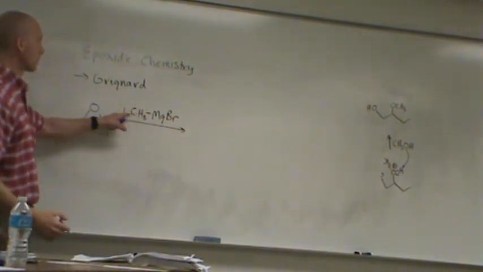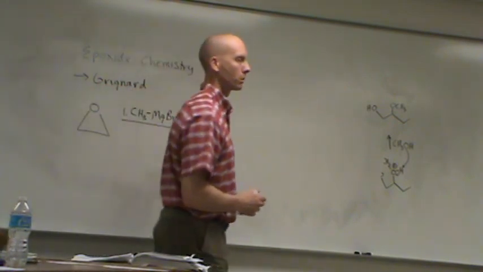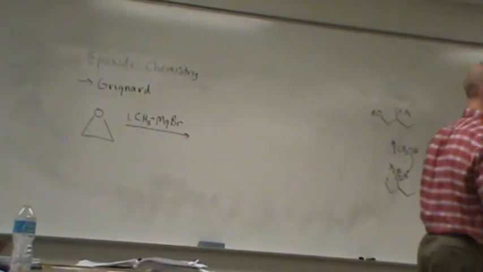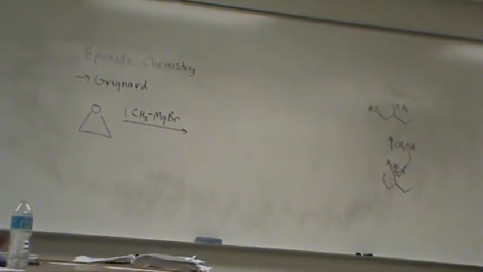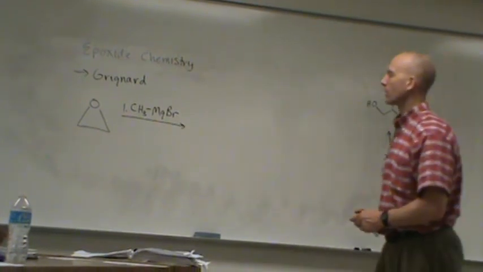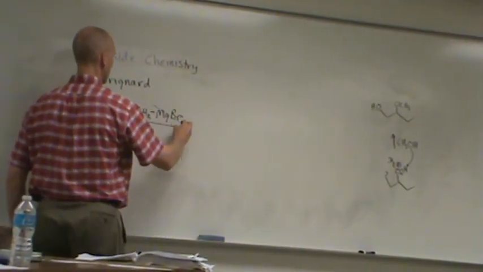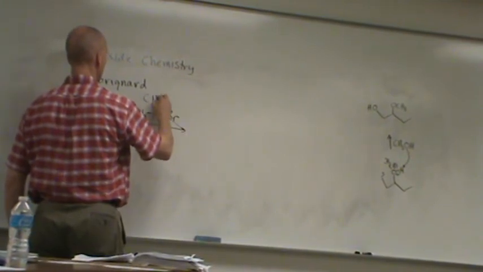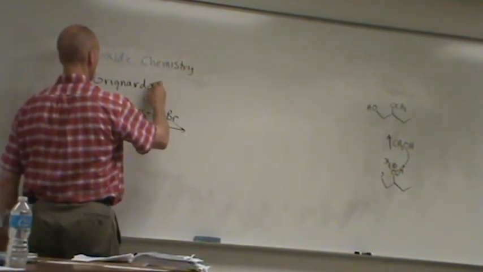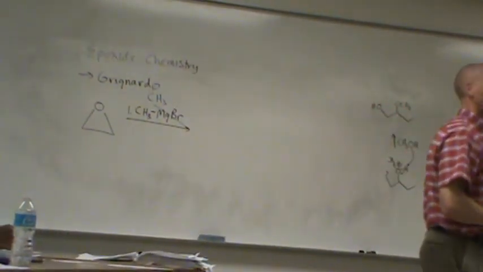The Grignard is when I had MgBr on an alkyl group. So remember what happened when we had MgBr on there? In a sense, you could take it off, and this thing basically acts as a lone pair on that carbon.